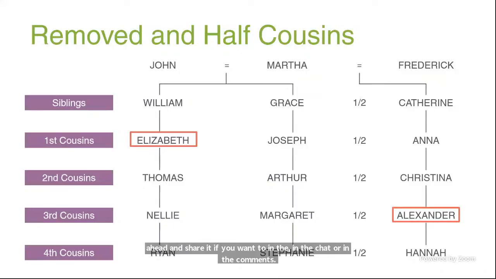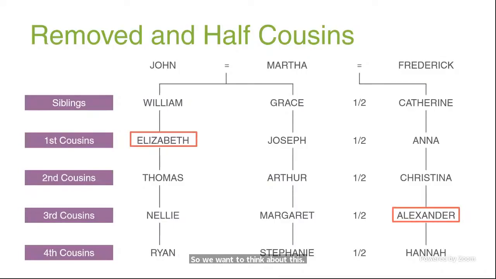So we want to think about this. We want to start with the same generation. So if Elizabeth is in a first generation relationship, she and Anna, who's Alexander's grandmother, are going to be in that first cousin range. But Elizabeth and Anna, how many ancestors in common do they share? They only share 1.